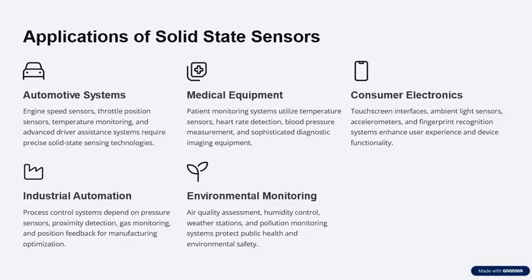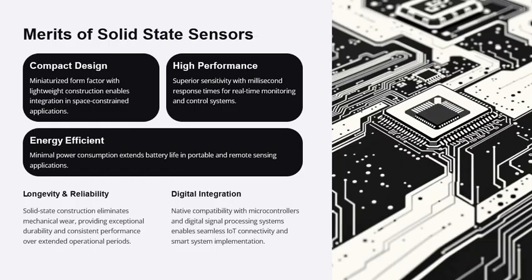Consumer electronics use touch interfaces, ambient light sensors, accelerometers, etc. Industrial automation process control systems depend on pressure sensors, proximity detection, gas monitoring, and position feedback. One of the most important is the environmental monitoring system: air quality assessment, humidity control, weather stations, and pollution monitoring. These are the applications of solid state sensors.